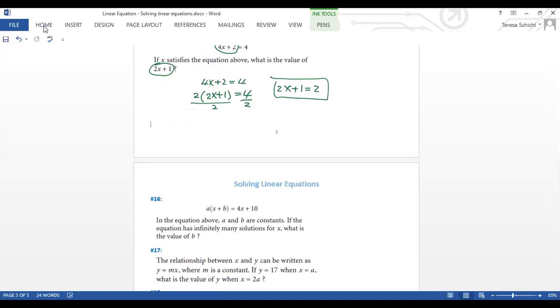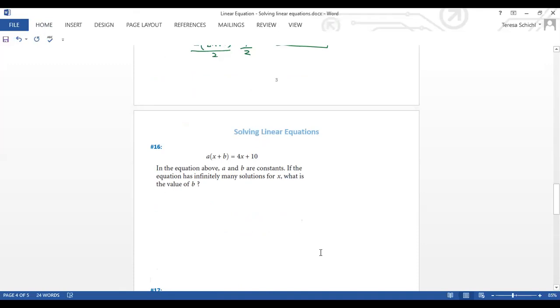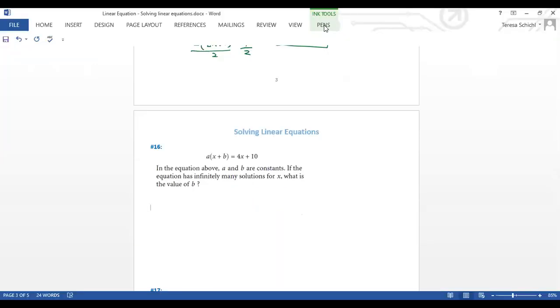Okay, the next problem here. Like I mentioned, most of the problems are pretty easy. And if you're going to make a mistake, it will probably be on this type of problem.